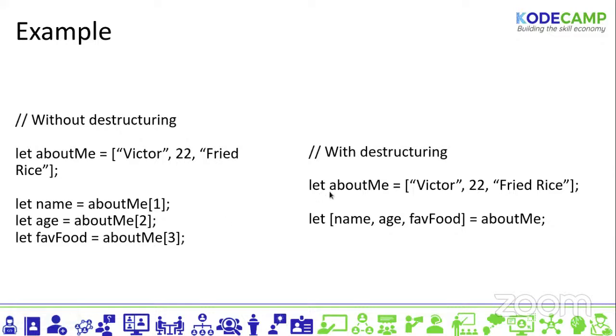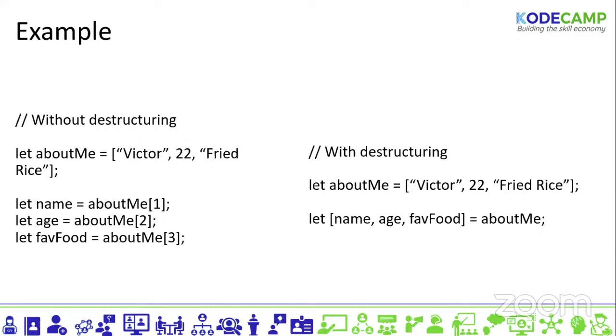But here we can simply use array destructuring. I say let name, age, and food be equal to about me. It's going to automatically map itself. So we see that name will be mapped to Victor, age will be mapped to 22, and favorite food would be mapped to fried rice.